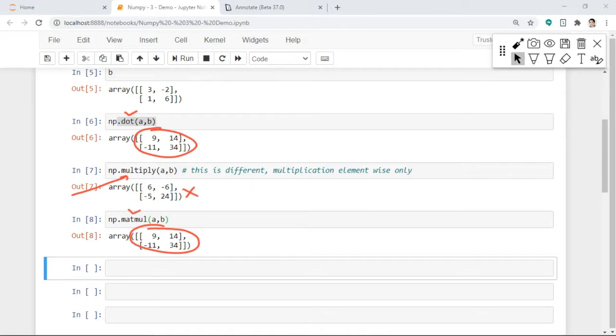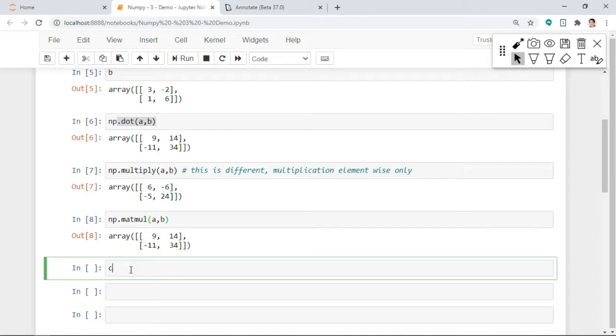Let me first clear this one, so we clear the annotation. How about we have another NumPy array.